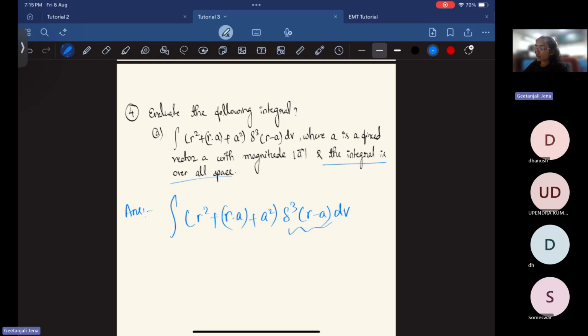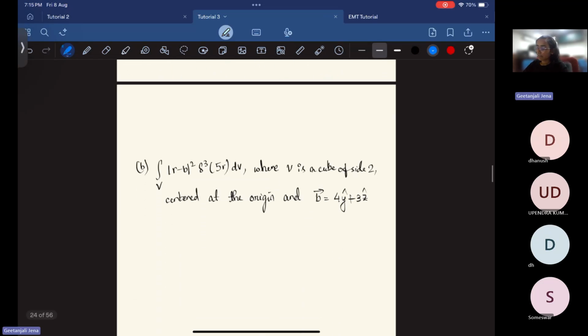So for r equal to a, it's non-zero, and it's also given the integration is over all the space. So that is why the integration will be the function value at r equal to a. So this will be 3a square.